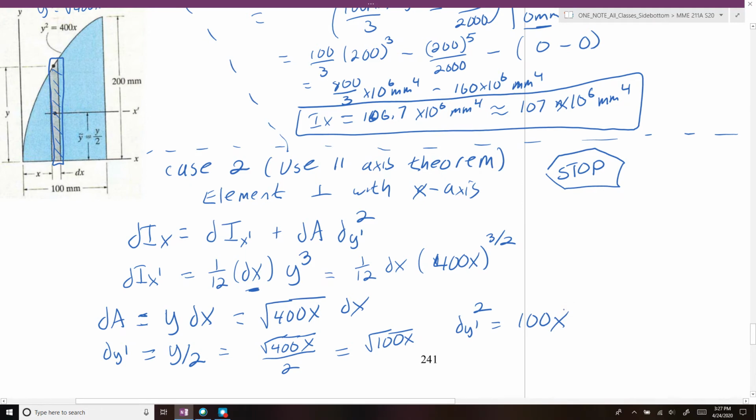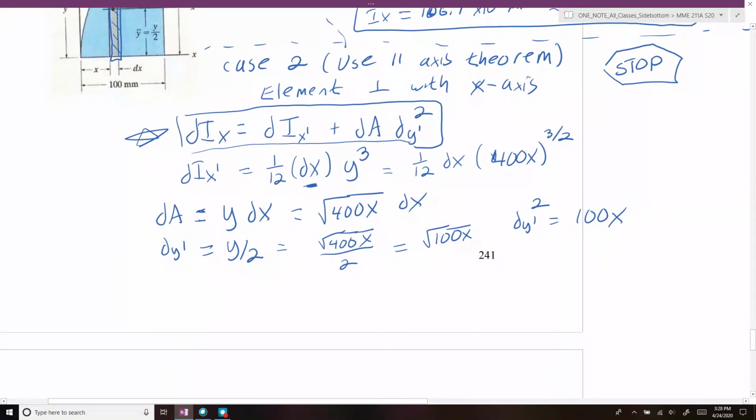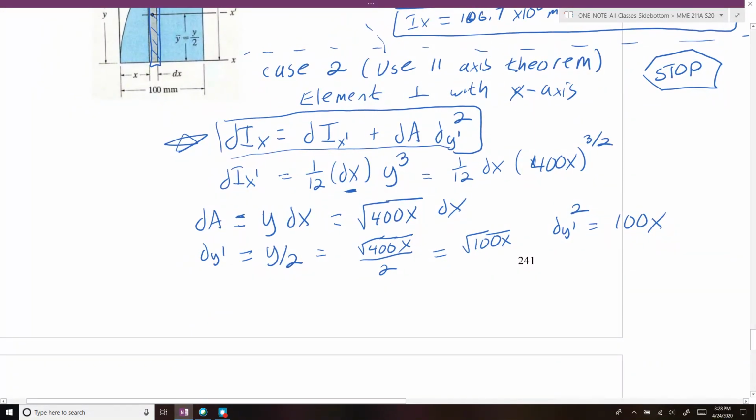If we bring this all together, we can integrate both sides of the starting equation and solve for Ix. We're going to break this into two integrals. We'll solve for Ix prime first.